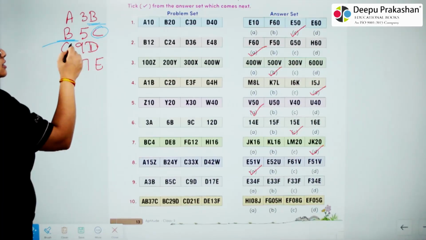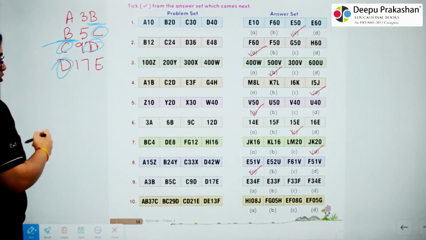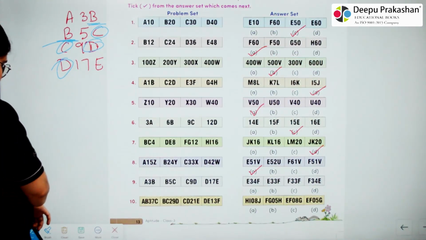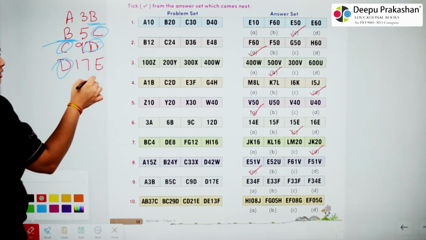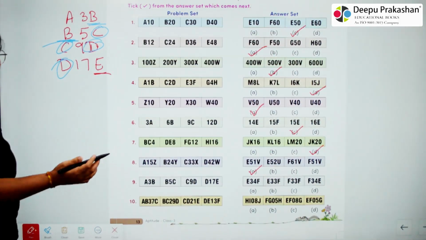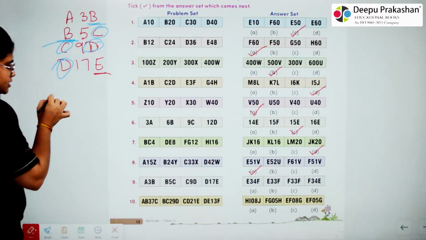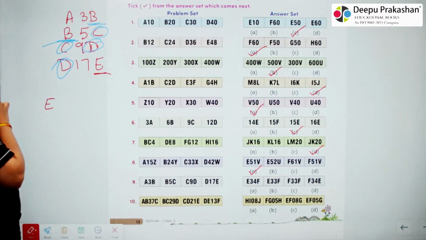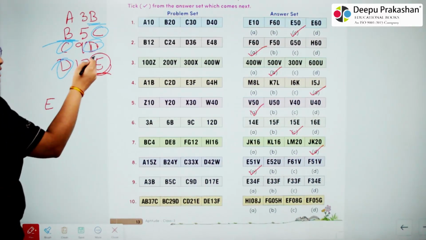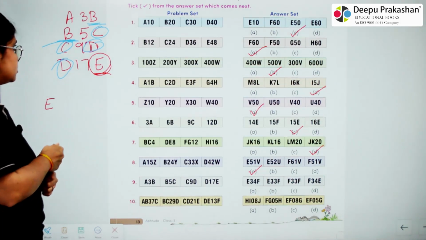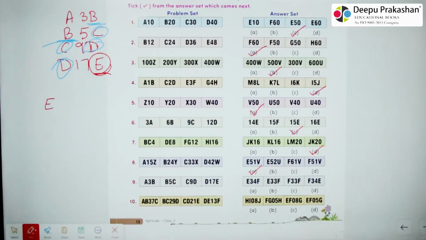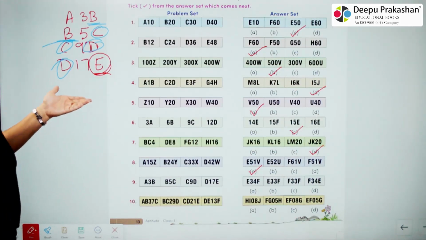In every case, these are the same. So for the answer, the first term will be E, as E is present at the third place of the last term.